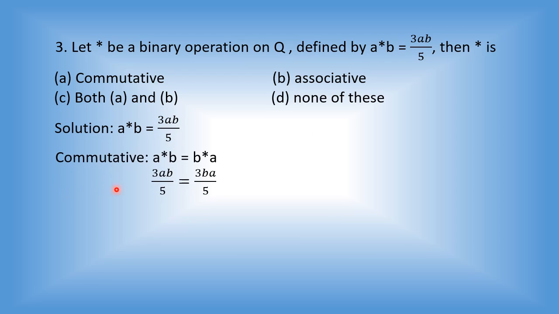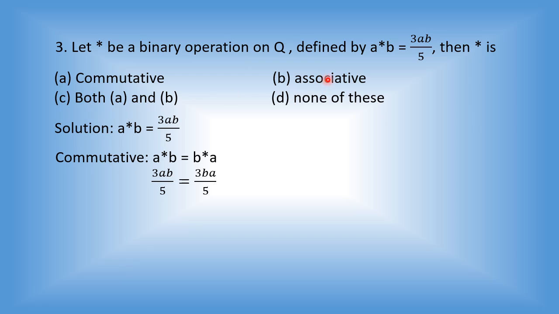Commutative means A star B is equal to B star A. Check here: A star B, by definition, is 3AB divided by 5. B star A is nothing but 3BA divided by 5. Both are equal, therefore this is commutative. Now we have to check associativity.